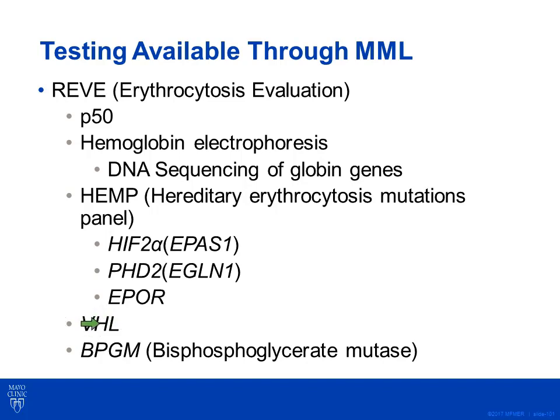This testing had already been available through the endocrine lab for von Hippel-Lindau, and we work with the endocrine lab to order this up rather than develop a duplicate test, which would cause confusion. We just simply will reflex to them. So in the algorithm, we do these, and if these are all negative, we will reflex to the VHL. And the last thing we always do, because it's so rare, is the enzyme or do sequencing for the BPGM gene.